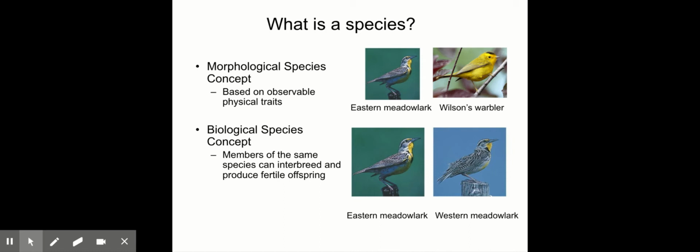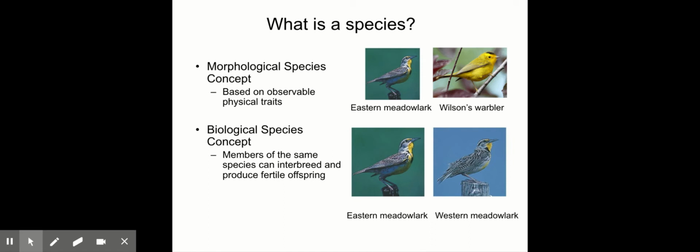So if you have populations or groups of organisms and those individuals can't breed with individuals in another population or group of organisms, if they can't breed and produce fertile offspring potentially together, then they are not the same species. This is usually how we define a species. They can breed together and produce fertile offspring.